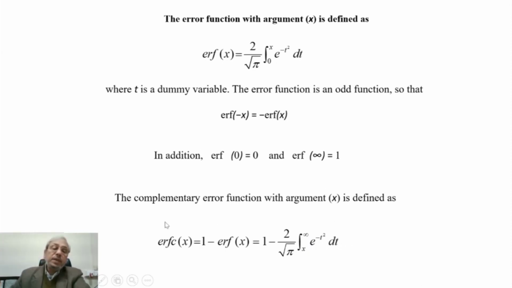We have not used the complementary error function in this problem, but we may come across it in other problems. Since we are mentioning the error function, we took this opportunity to mention the complementary error function.